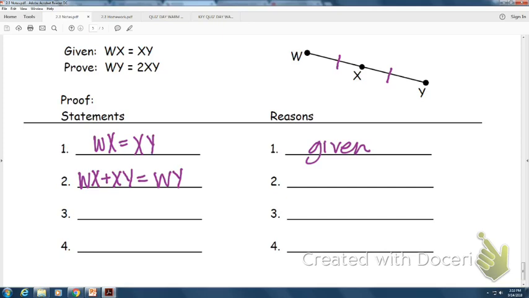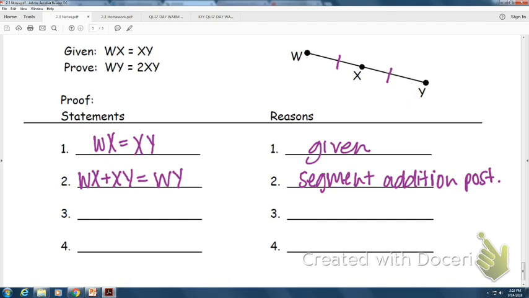So these are from last class. Segment addition postulate. Do we recall what that was last class? Okay, segment addition postulate. So again, how big of a role does vocab play?